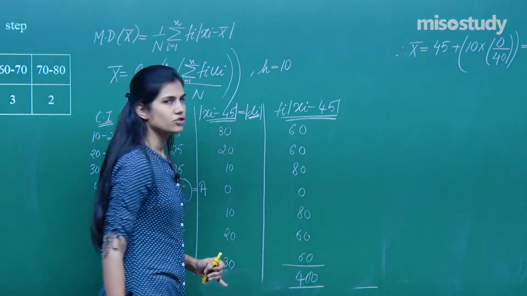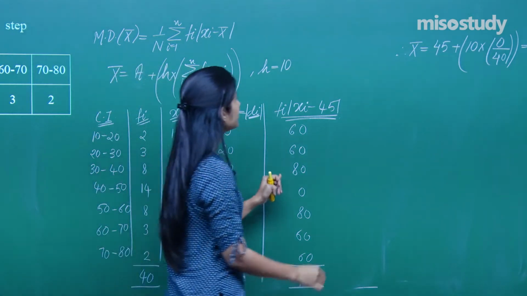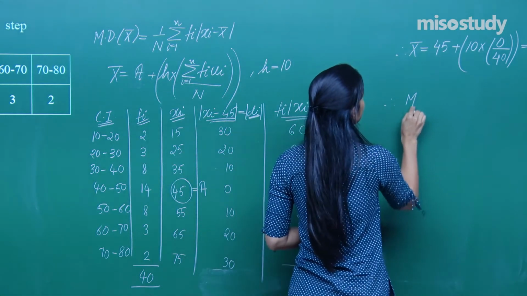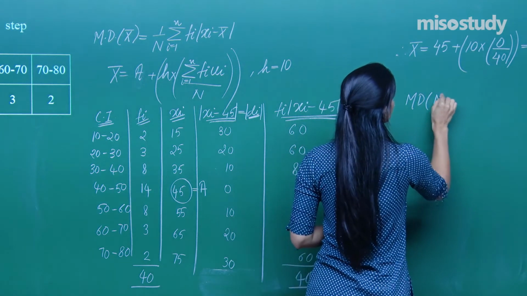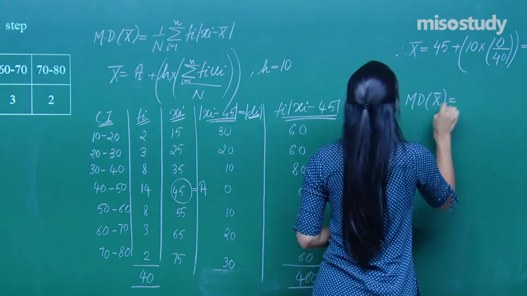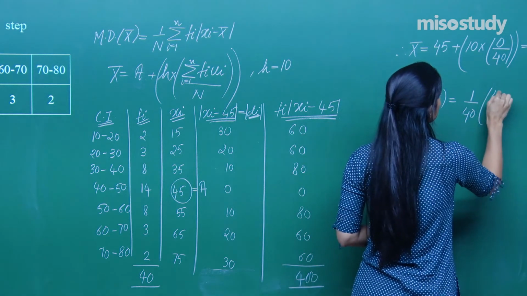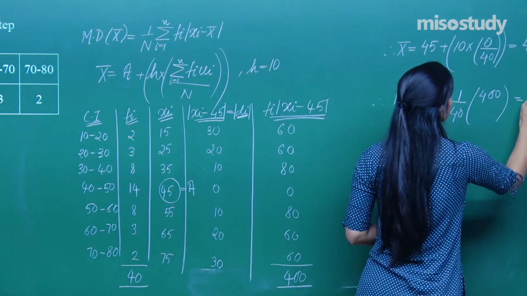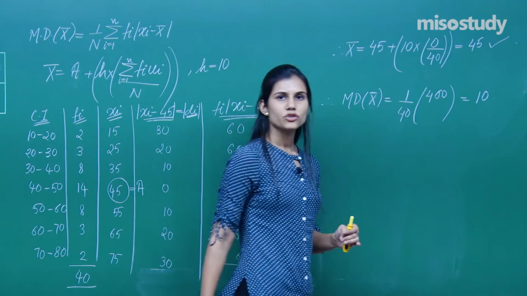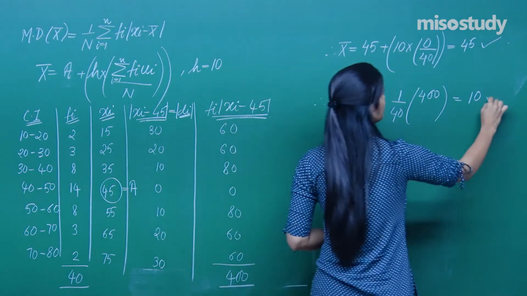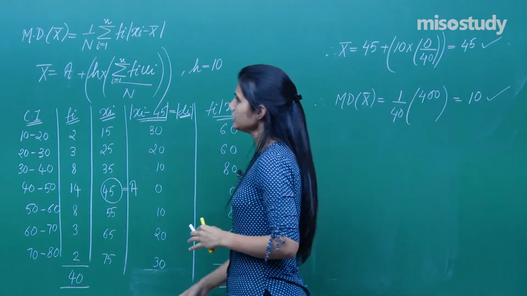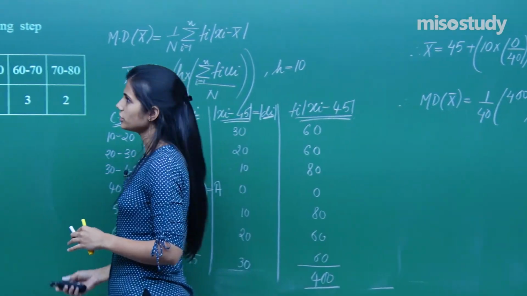You can very clearly check. Fine. If this comes out to be 400, mean deviation about mean is coming out to be 1 by capital N, that is 40, into 400. So your answer is 10. 10 happens to be the mean deviation about mean for this continuous frequency distribution.